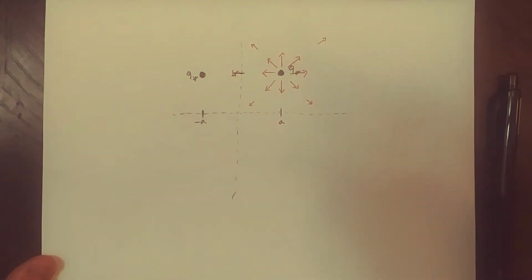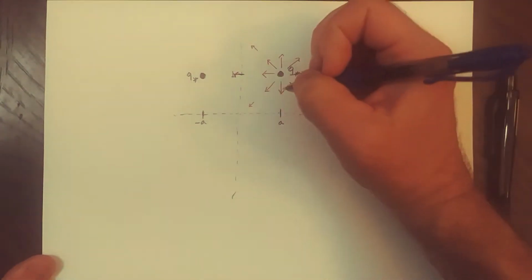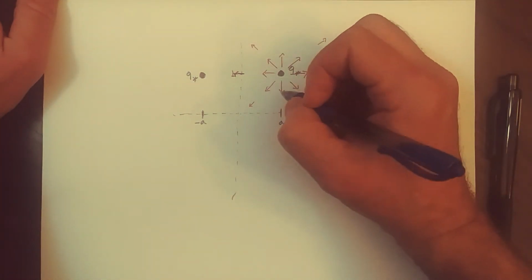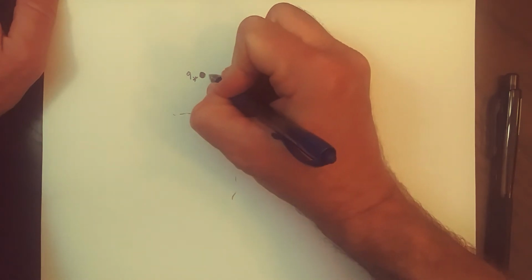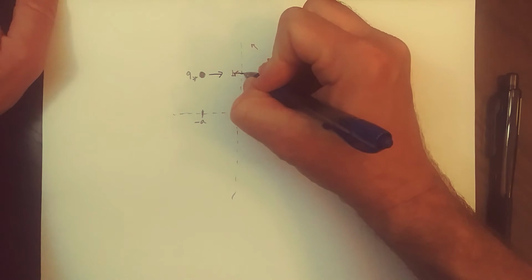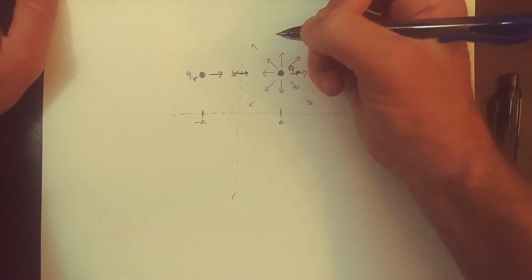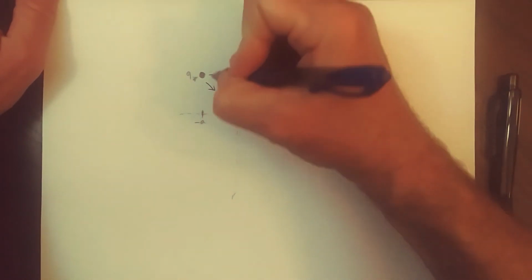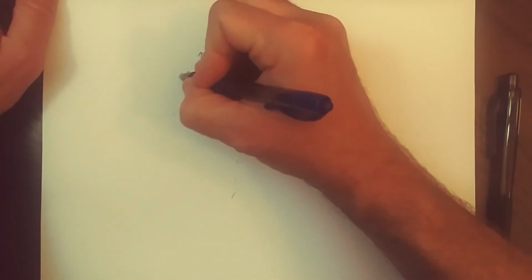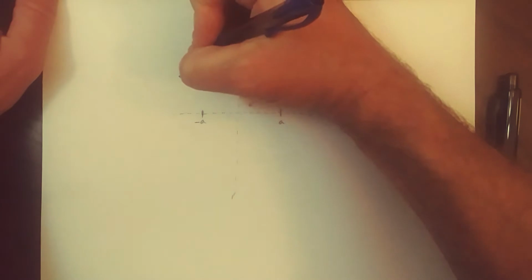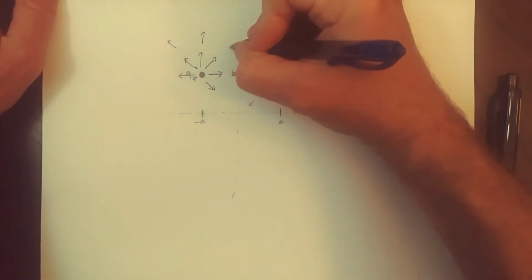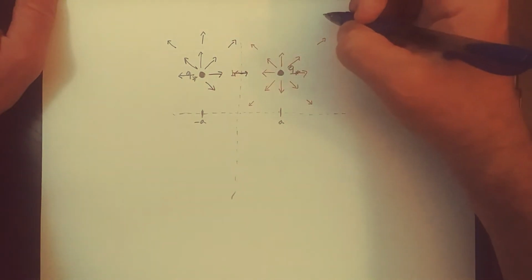And let's make the field of the other particle blue. So we want to be symmetric, so the field line here goes like that, and the field line at this location goes like that. Let's make a few more field lines like this. The arrows are getting smaller as we're moving away.